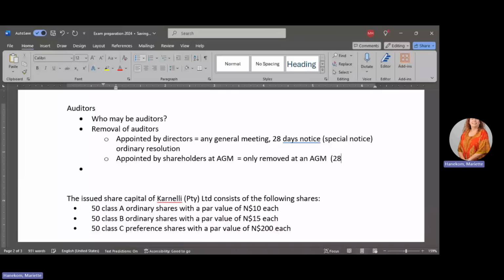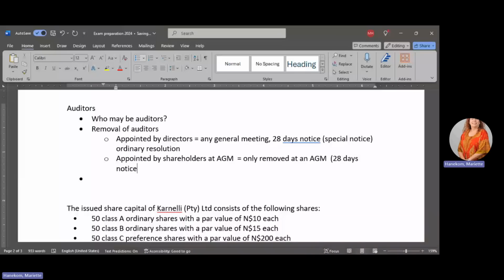Normally the notice period for an AGM is 21 days. If one of the agenda points is the removal of the external auditors, or the directors, then 28 days special notice is required. In this instance also, we need a special resolution.